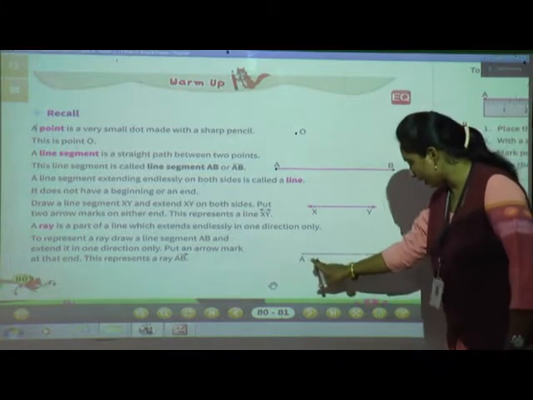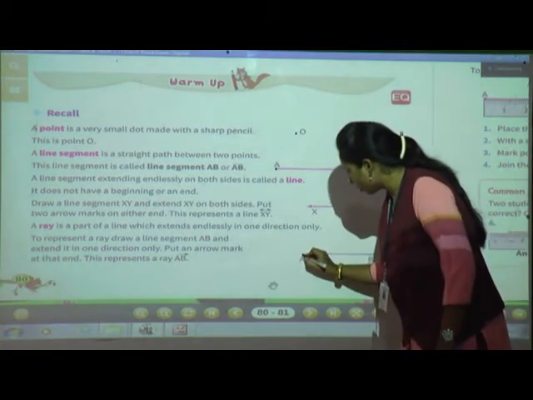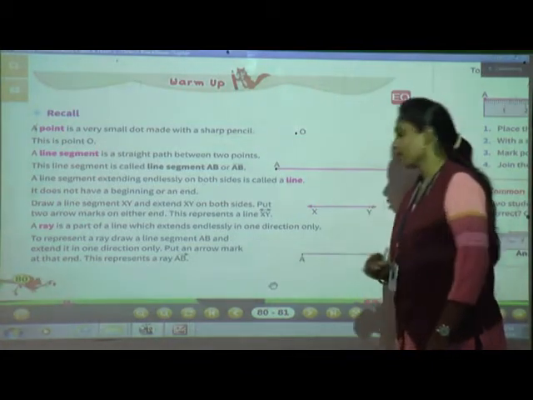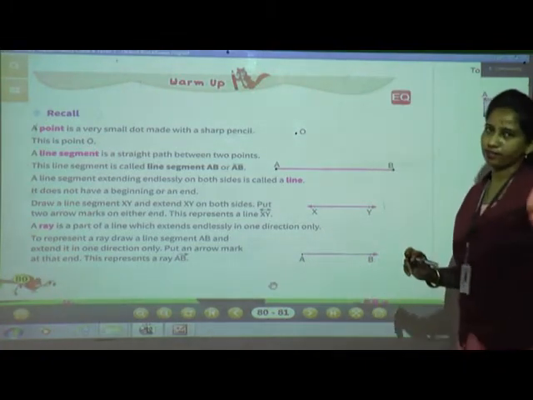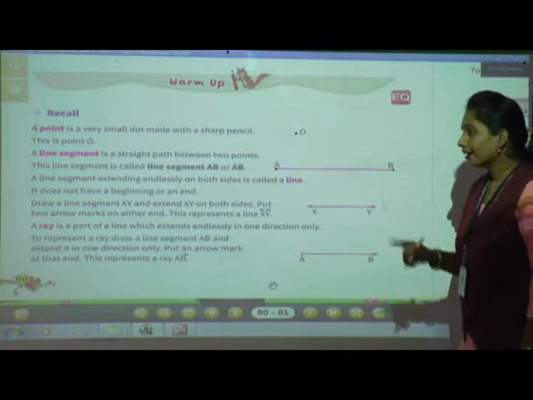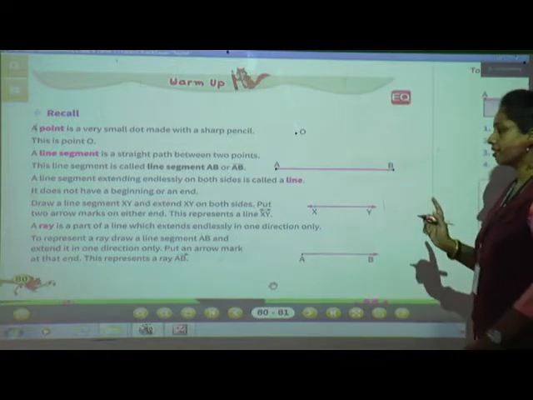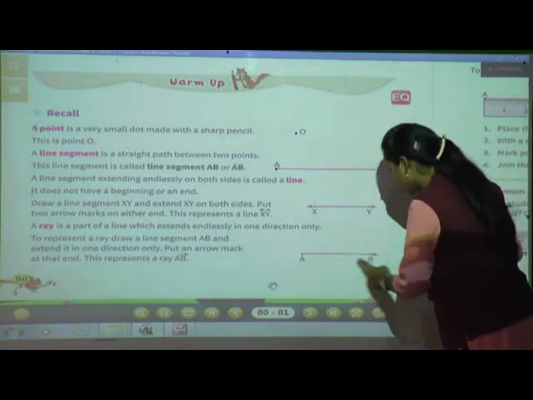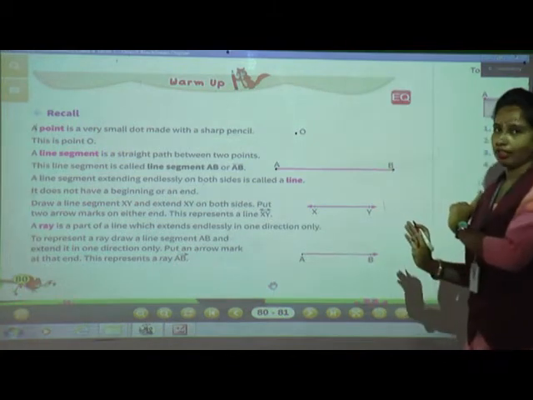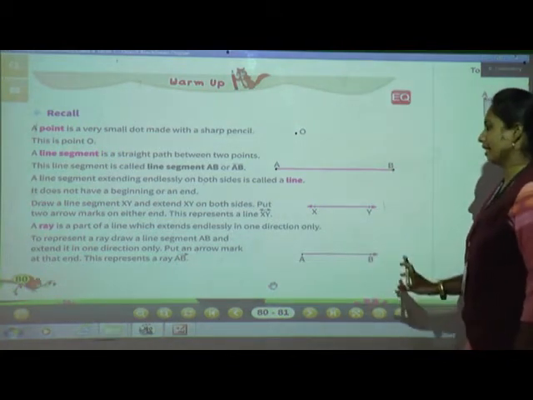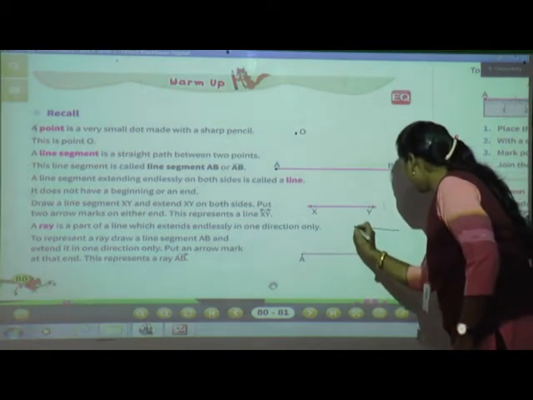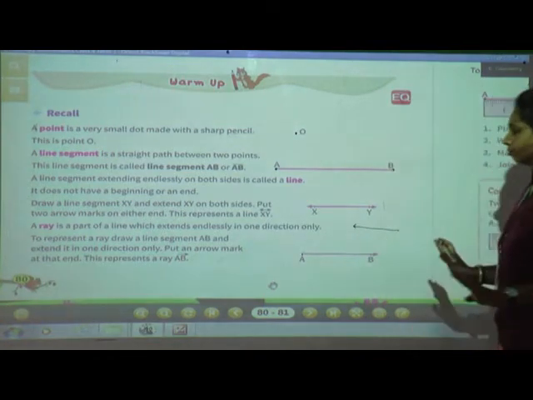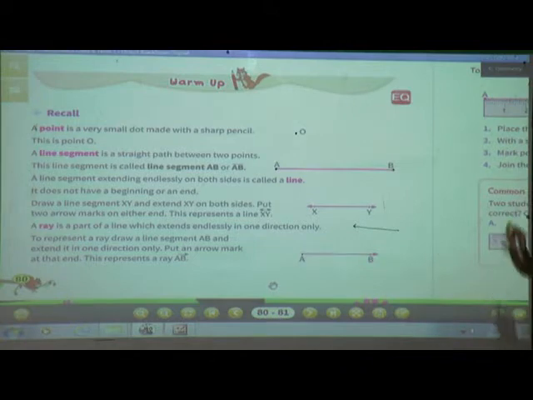Now we are going to study about ray. See, in a ray what is there? A point is there, but on the other side an arrow is there. So a ray is a part of a line which extends endlessly in one direction. It doesn't matter, if you give a dot here, this side also it can extend endlessly.